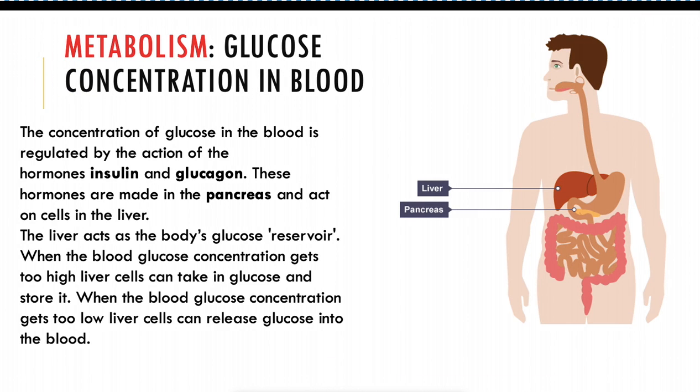The concentration of glucose in the blood is regulated by the action of the hormones insulin and glucagon, which are produced by the pancreas. The liver acts as the body's glucose reservoir.